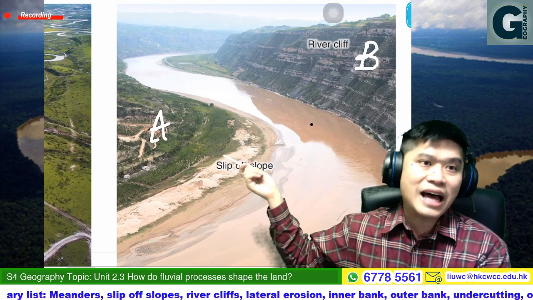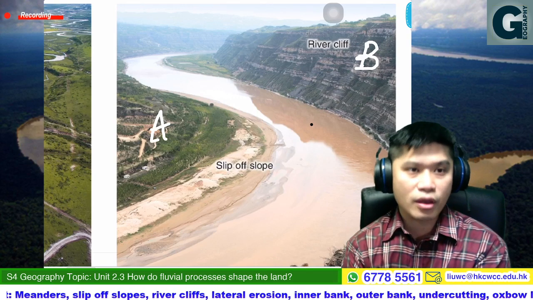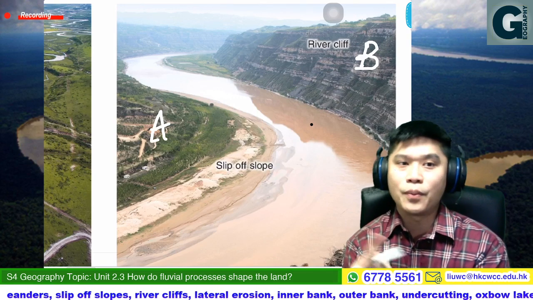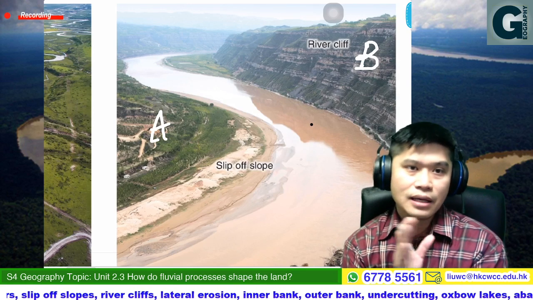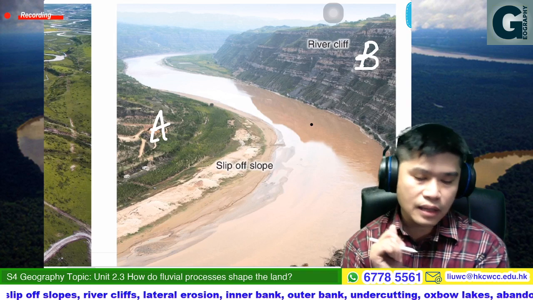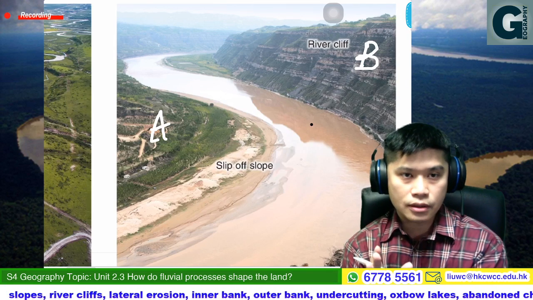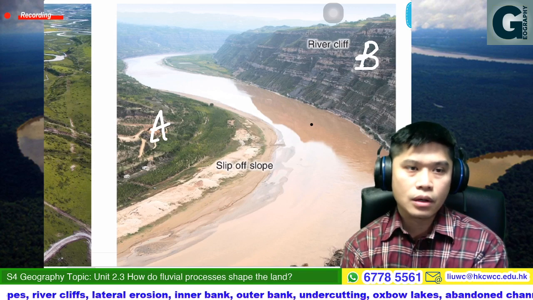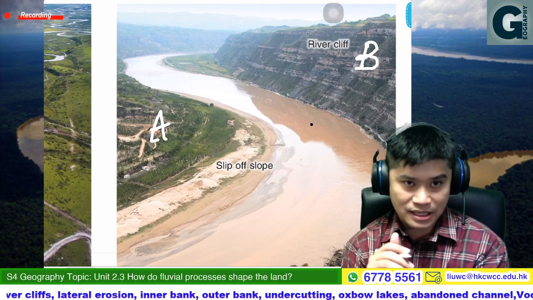However, on side A, first there will be no erosion. That would be good. The second point is that it is the inner bank, so the fluvial process is mainly deposition. Therefore, the soil there would be much better. Why?